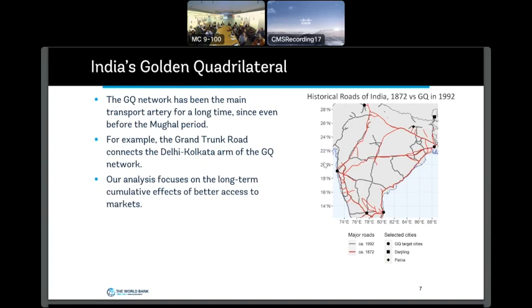The historical roads, which are the red lines, dating back to 1872, for example, overlap pretty well with some of the gray. The point being that we're not focused so much on the recent upgrading of the Golden Quadrilateral, but rather exploiting the fact that it's been there a while. Our focus is on the long-term cumulative effects of transport infrastructure.